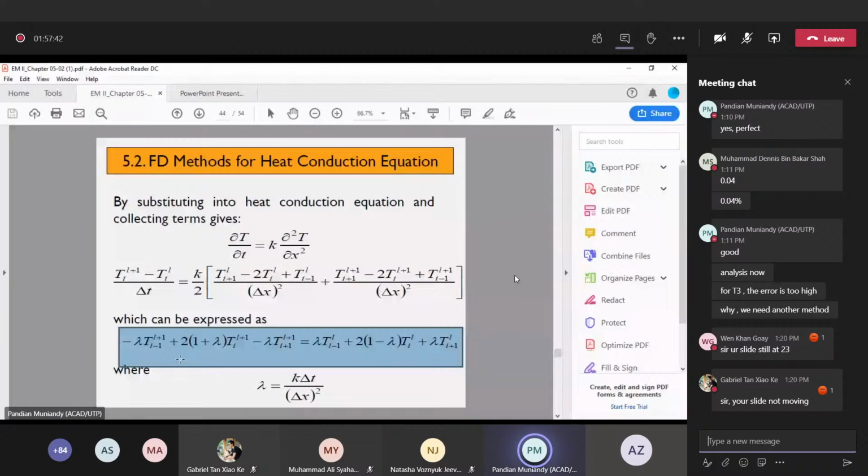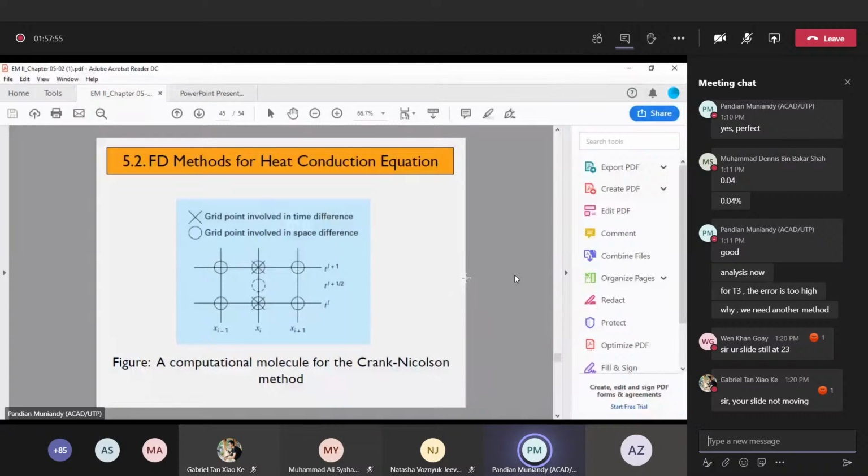So lambda is k del t over del x squared. Now this is the computational molecule for the Crank-Nicolson method.